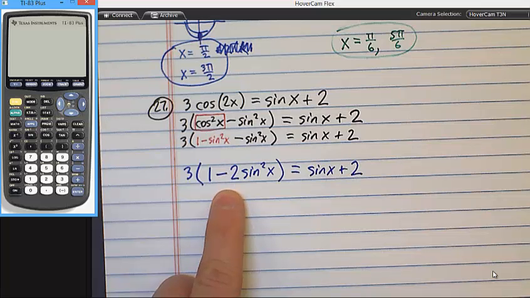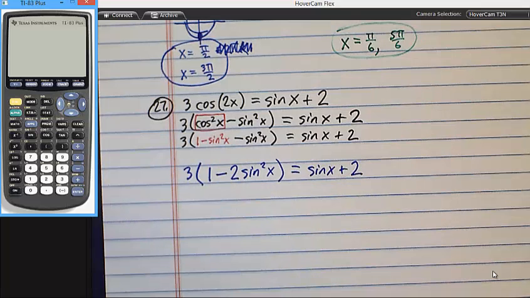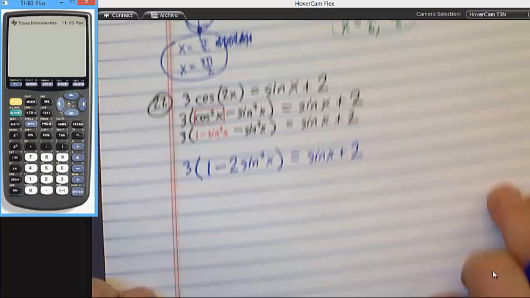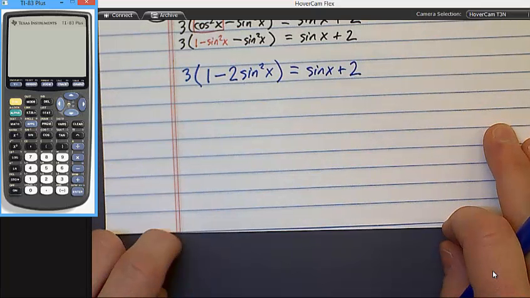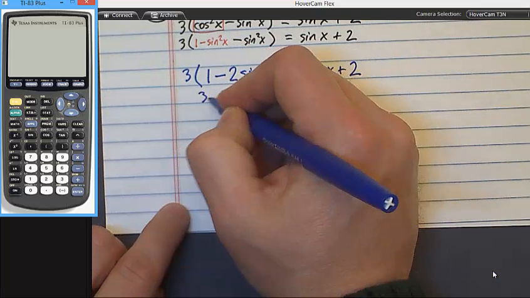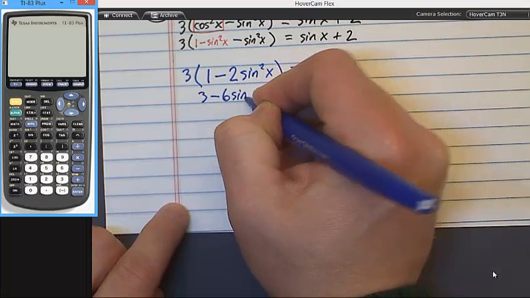For me, I would probably work it out through a few steps. And the good thing is, at least everything now is all sine of x. So if I can get that far, let me distribute the 3.